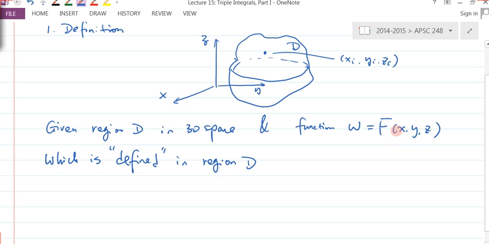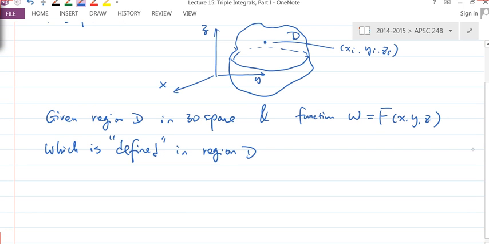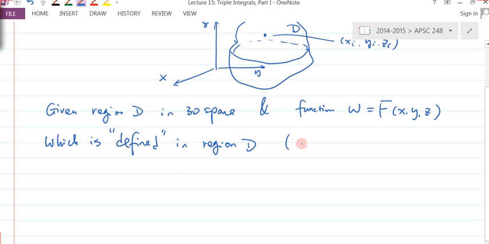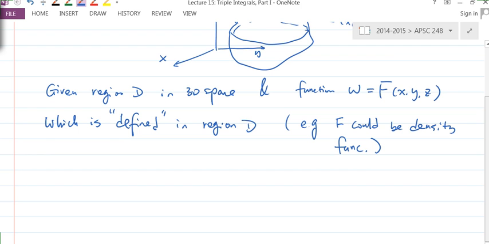That's how you can see this function is defined within this region D. So, for example, f could be a density function.